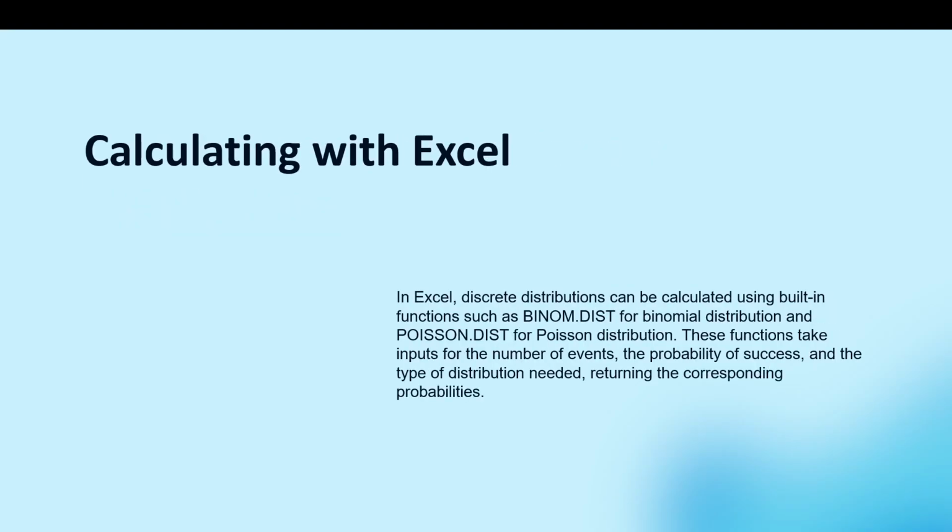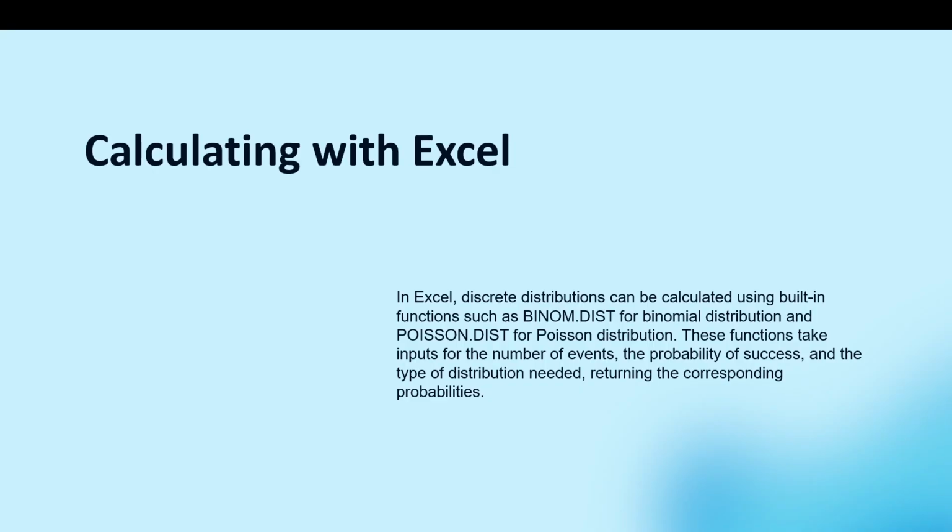And how do we calculate them using Excel? Excel simplifies these calculations. For binomial, we can use equal sign BINOM.DIST and open brackets. Inside our brackets, we have to include k, n, p, and cumulative.